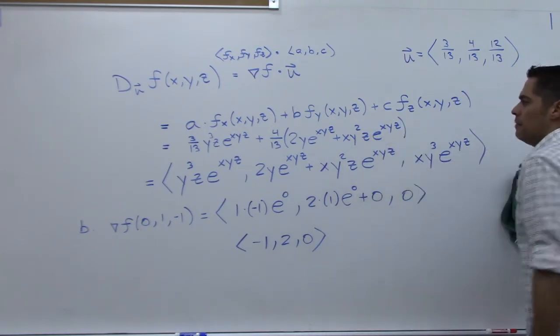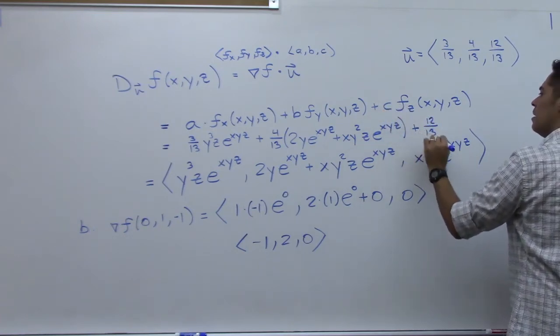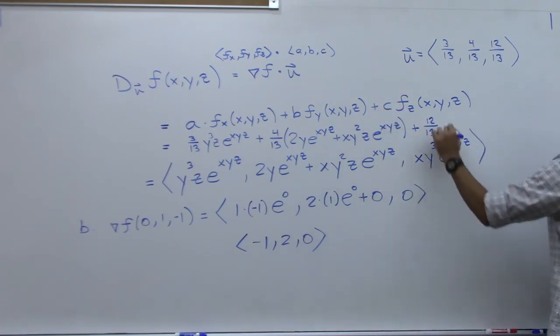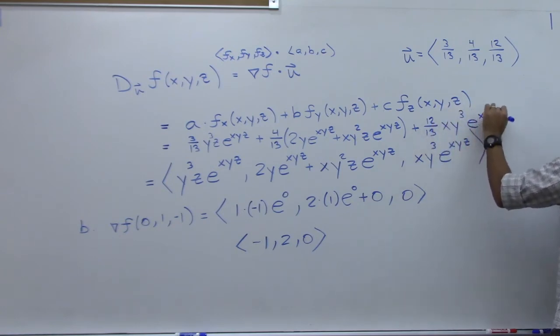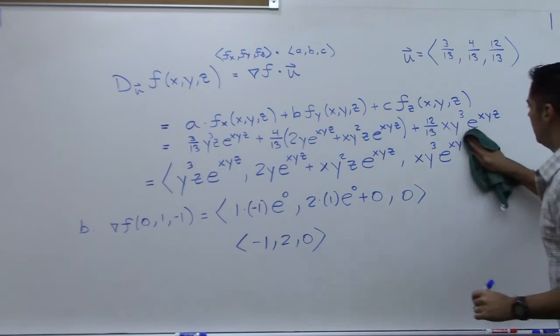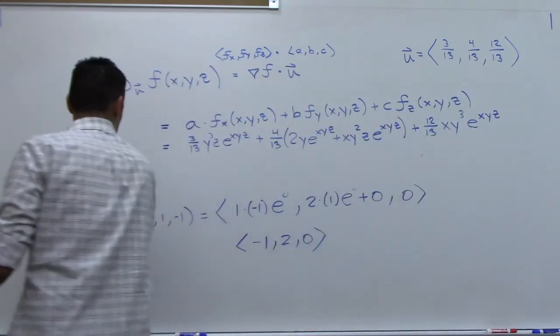Close that off. And then finally plus c, so plus 12/13 times this last piece, so xy cubed e to the xyz. I know that that's all crammed in there, but let me take this out of here. I just needed it for reference. Okay, there we go.